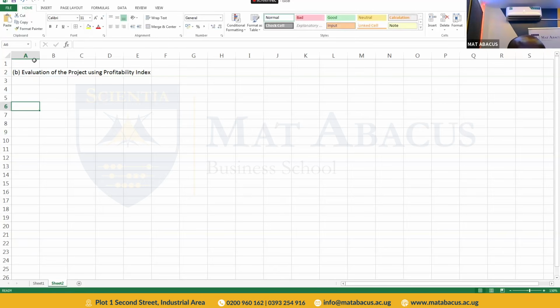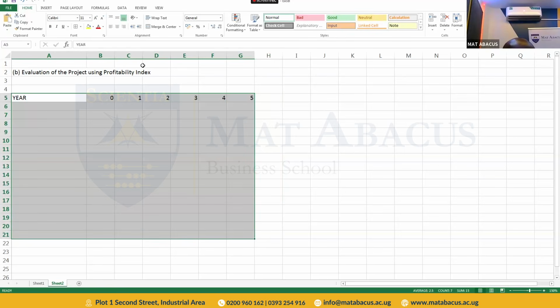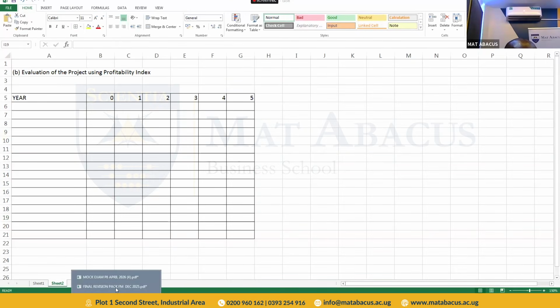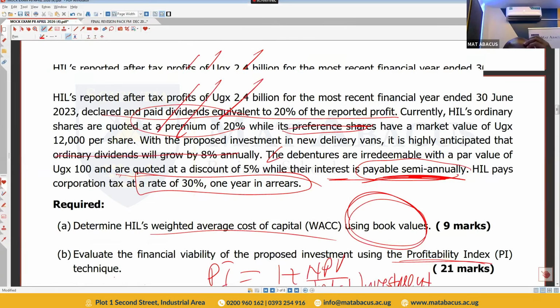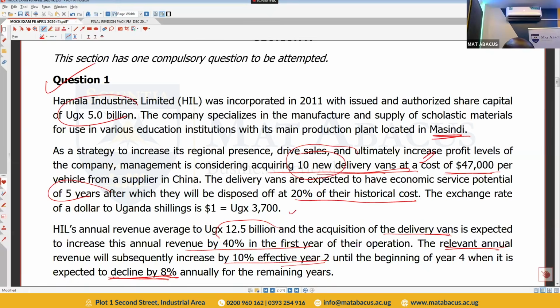I'm aware I will need to lay out my NPV, so I will put it here. Earlier, they had told us the project is 5 years. And then I go and look at the workings. So we go and read. This requires us to go back from where we started.